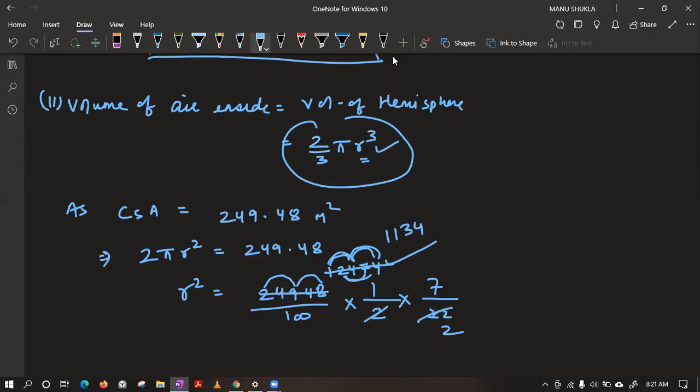So we have got this value. So 1134 into 7. You have to multiply these two. Before that you can divide by this also. 2 ones are 2, 2 fives are 10, then 2 sixes are 12, 2 sevens are 14. Just multiply these two. After this divide by 100. That will be your radius.